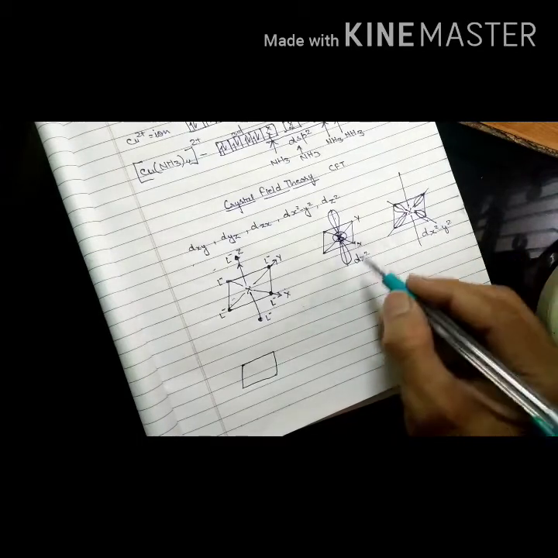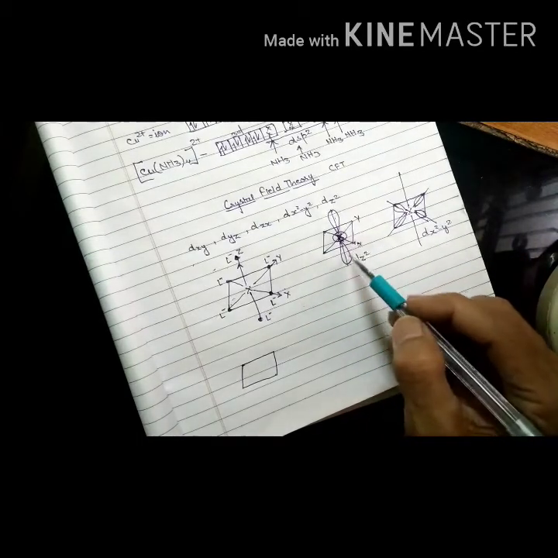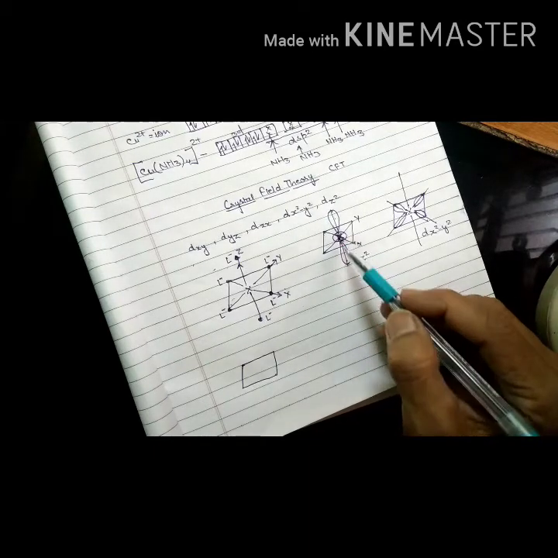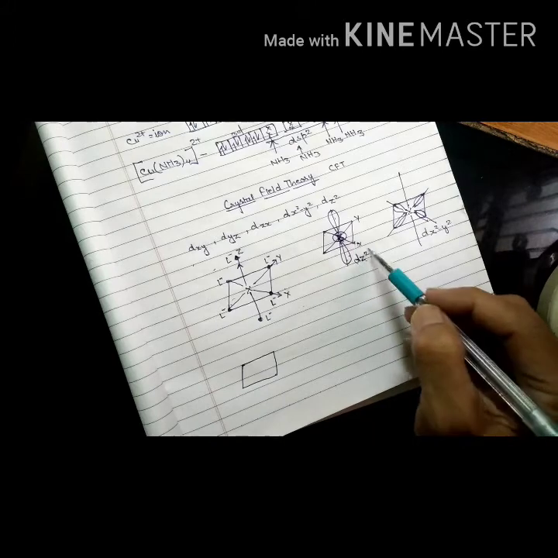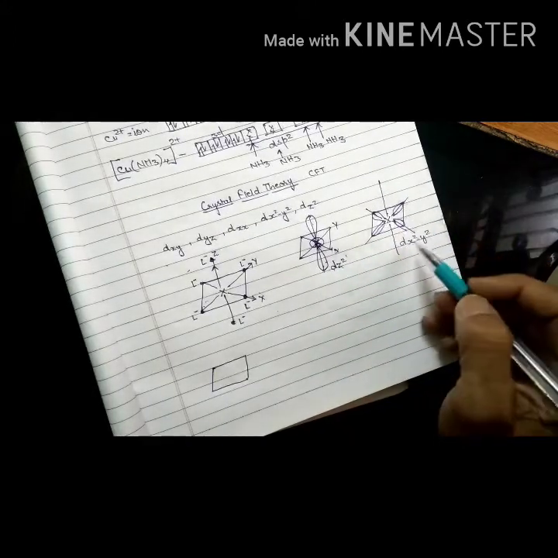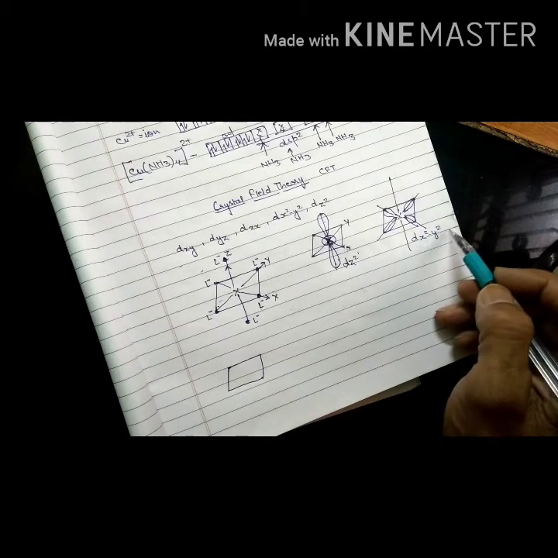Here we have to note that these orbitals are on the axis, that is the z. This orbital lies on the z axis, so dz square, and these orbitals lie on the x and y axis, so therefore it is called dx square minus y square.